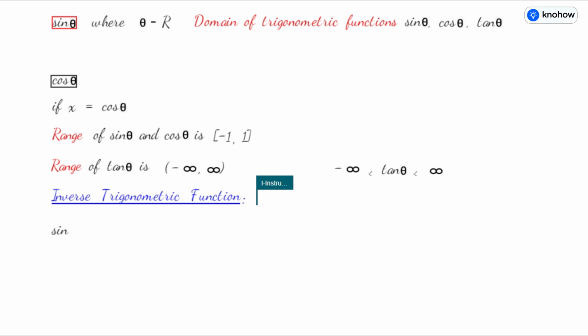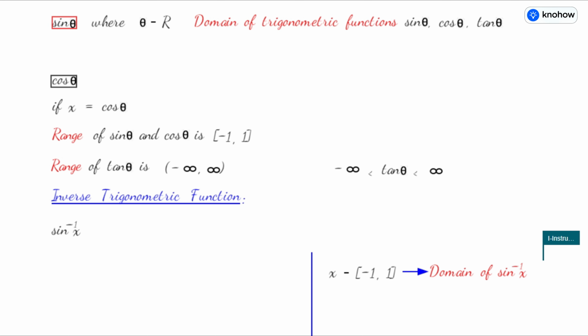Say for example, sine inverse x, where x lies in the closed interval -1 to 1, and that is known as the domain of sine inverse x. What do you mean by sine inverse x? Sine inverse x is an angle.